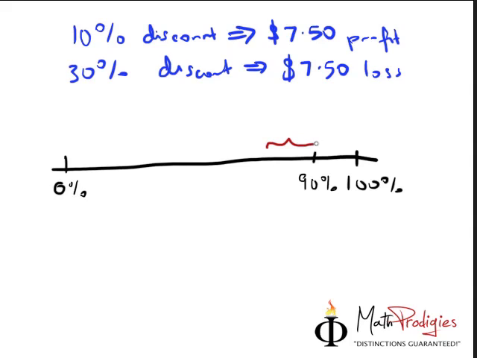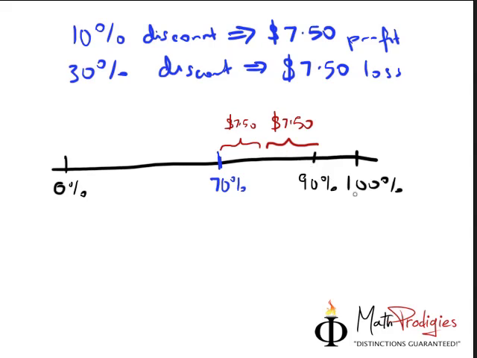I don't know where the cost is, but I have $7.50 here. Now, if I sell it at a 30% discount, maybe over here, this is 70%, because 100 minus 30 gives me 70%. And I make a loss of $7.50.